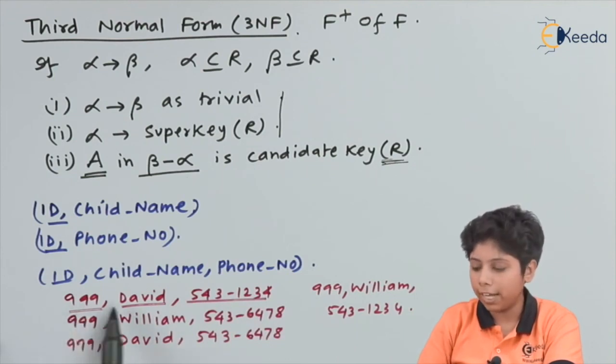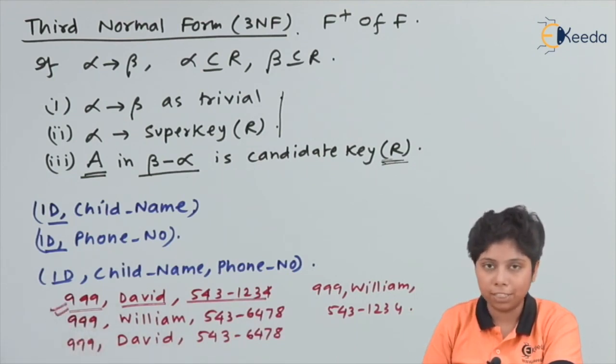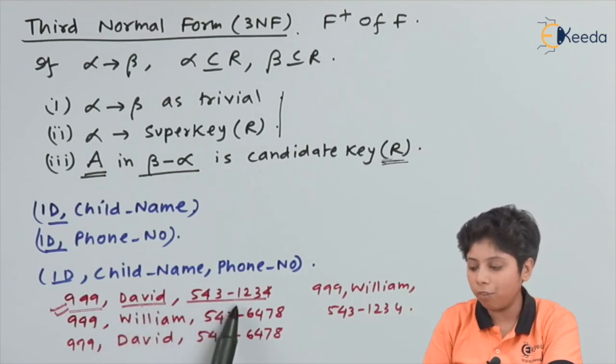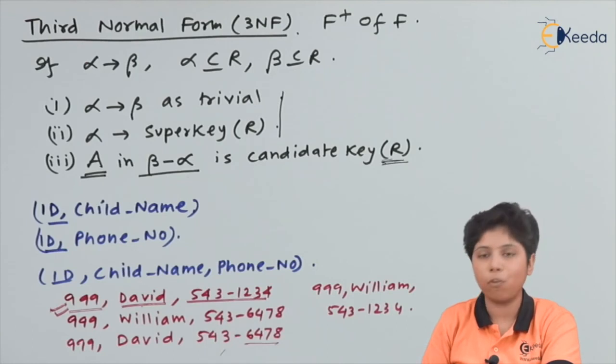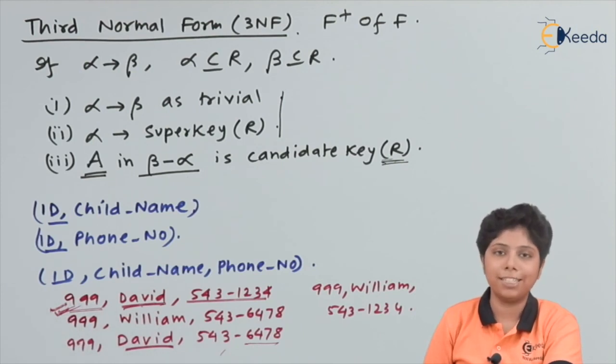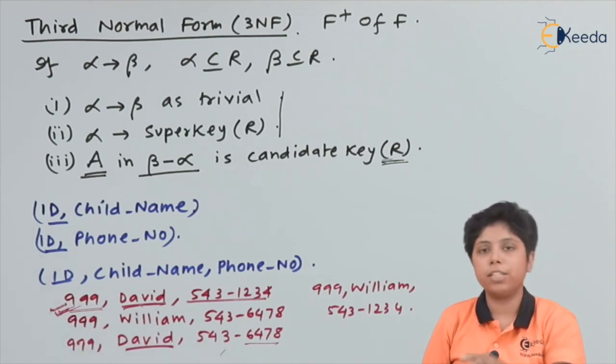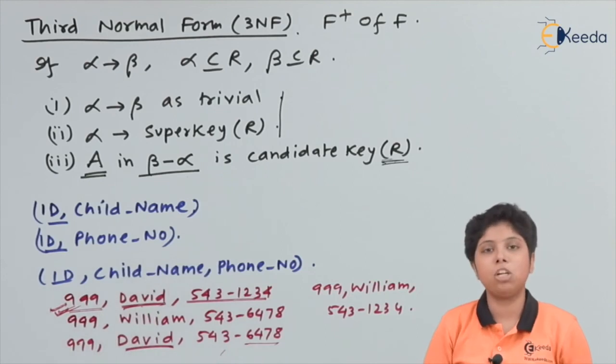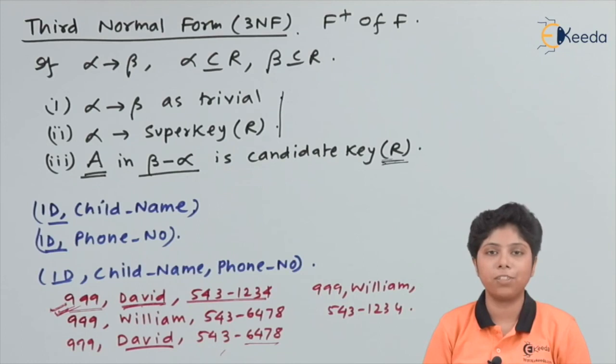So we cannot say that for 999 ID of the instructor, the David got 543123 contact number, or the David got 6478 contact number, because both the David is working for the instructor ID 999. So this type of decomposition is a lossy decomposition which actually loses the logical part of the data.